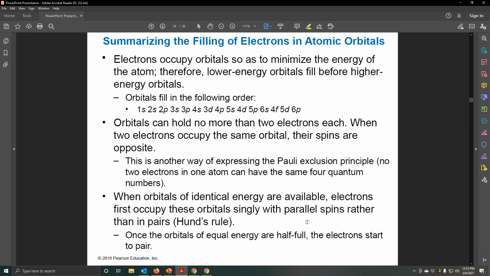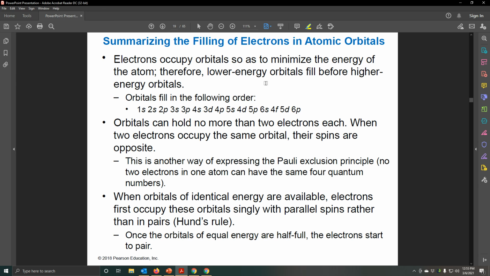Okay, so here's just a summary of filling electrons in our orbitals. Let's go through it. Electrons occupy orbitals so as to minimize the energy of the atom. So we fill our lower energy orbitals before our higher ones. Each orbital can hold 2 electrons, and those 2 electrons need to be opposite in their spin.